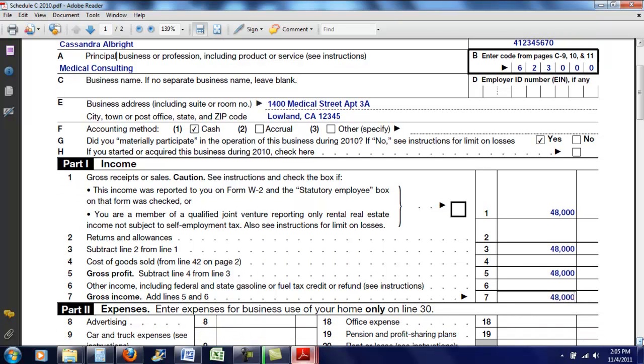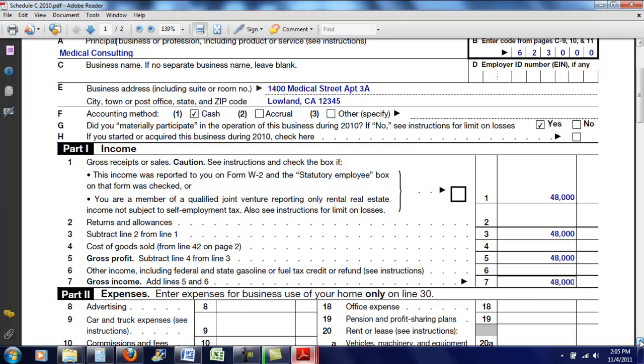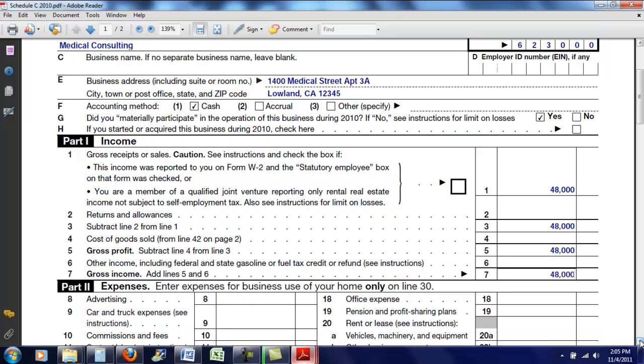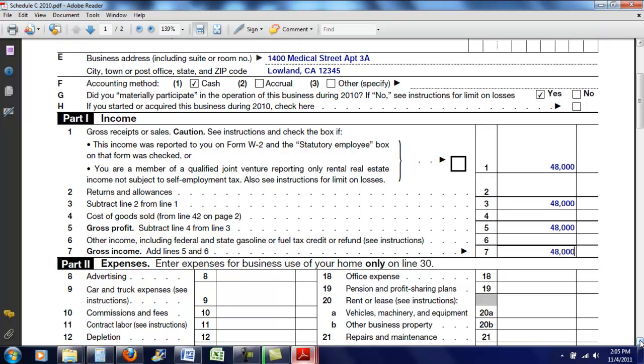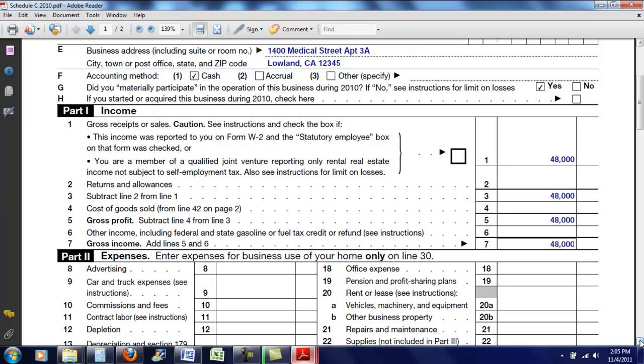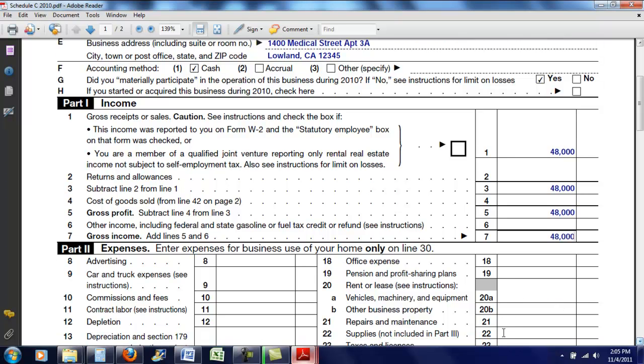Now, it tells us that Cassandra purchased a laptop, which is $2,300, and she wants to section 179 it. So we're going to have to fill out a 4562. It also tells us that she bought supplies of $500 and a cell phone charger of $540. So I'm just going to go to line 22, which is our supplies, and I put $500.